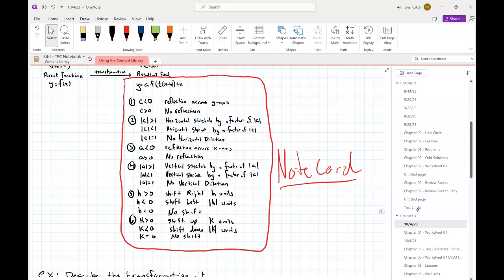You're doing it for the first time. You don't have it memorized yet, most likely. Hopefully by the end of chapter 3, you'll have it memorized because you've done it so many times. But if you haven't, this is what I'm looking at to do what I'm about to do. Okay?